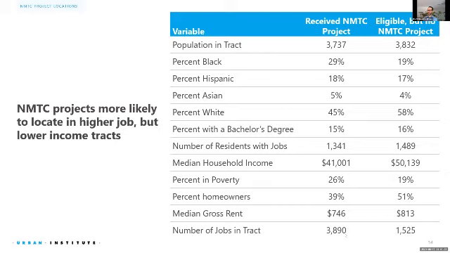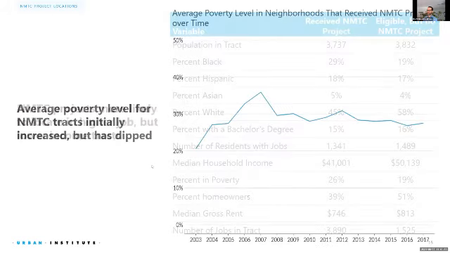So this says to me that on average New Markets projects are going into places that are somewhat lower income, somewhat lower owning, somewhat higher percent of Black people. But a really big driving factor is the number of jobs. So access to commercial and other job centers seems to be really determinative of project locations.